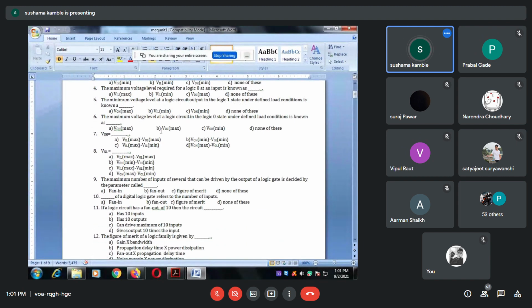VNH equal to है क्या अभी notebook? I have given these formulas. VNH equal to VOH minus VIH. Minimum maximum भी लिखा है.